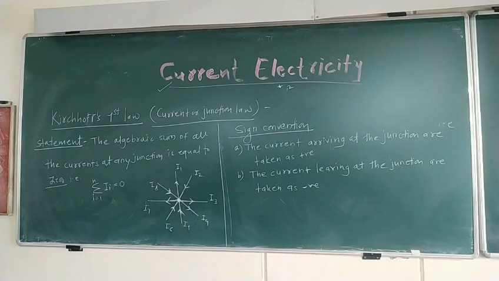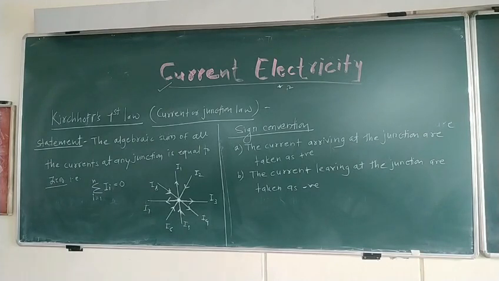That is, the summation over i equals 1 to n of I_i is equal to 0. Then we have to see the sign convention: the currents arriving at the junction are taken as positive, and the currents leaving the junction are taken as negative. And then we have to apply Kirchhoff's first law to the given diagram.